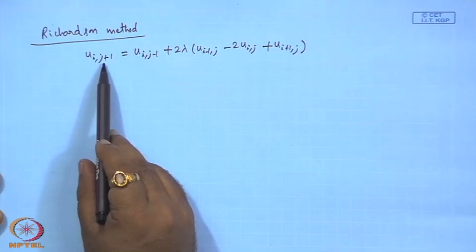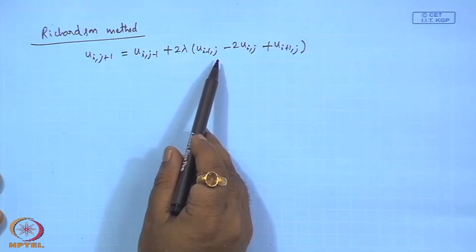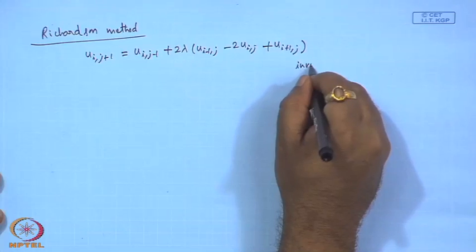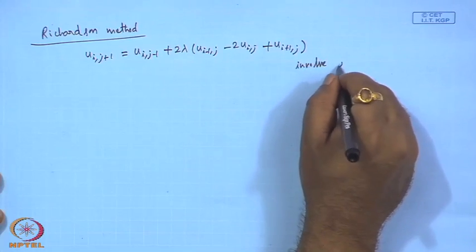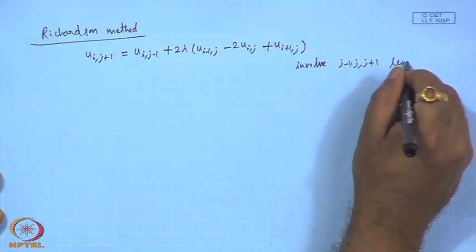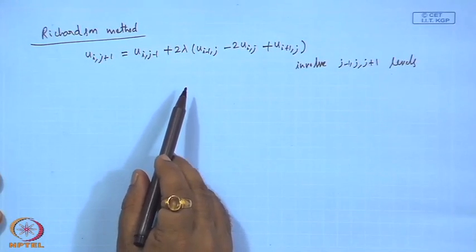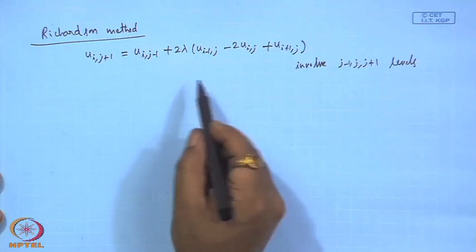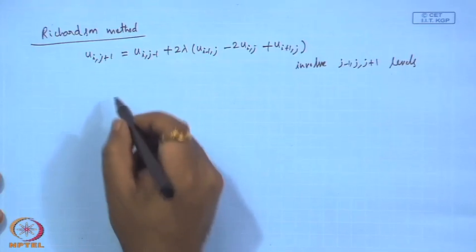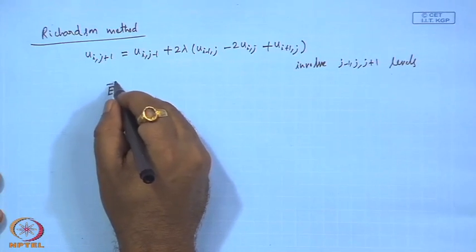A quick note, you have j plus 1, j minus 1 and j. So, this is going to be slightly different. So, the note is, it involves j minus 1, j plus 1 levels. Okay. So, obtaining a general iteration is slightly difficult, in the sense of what I am trying to say.